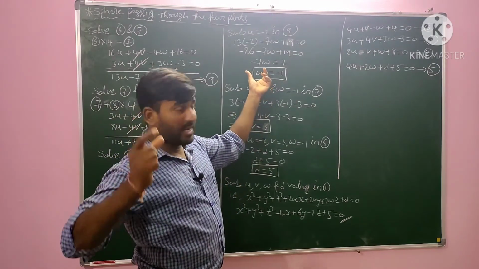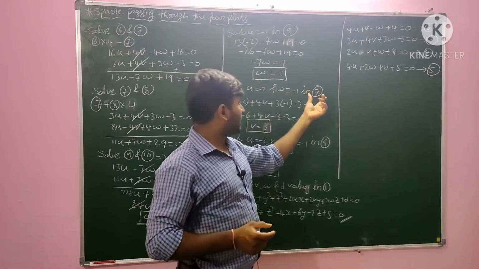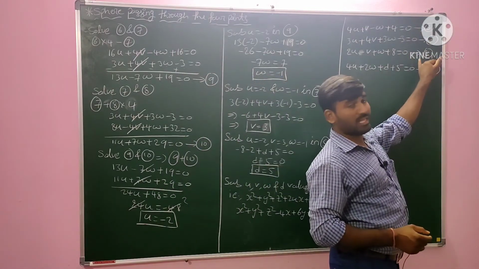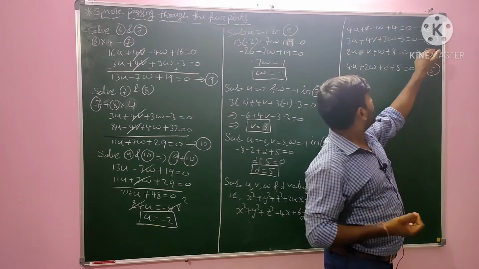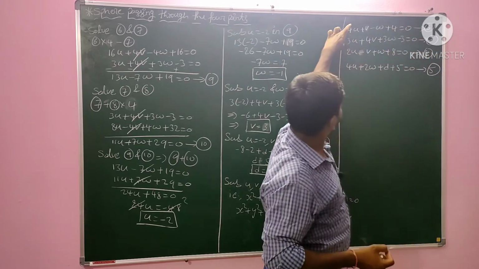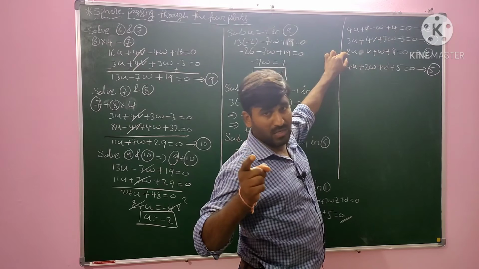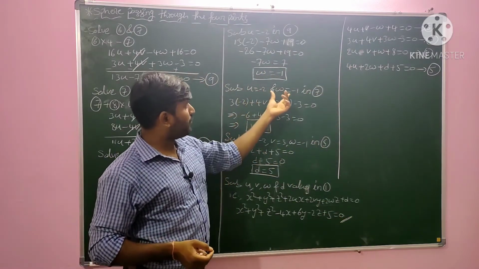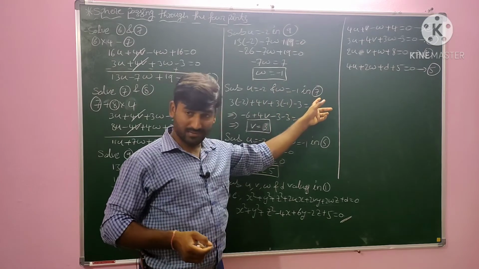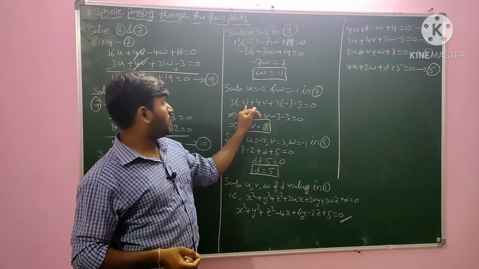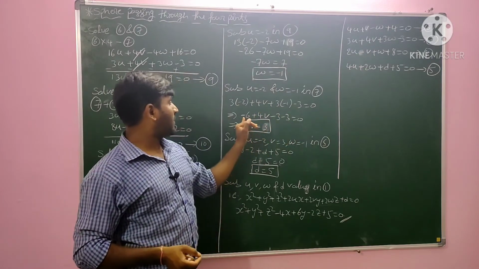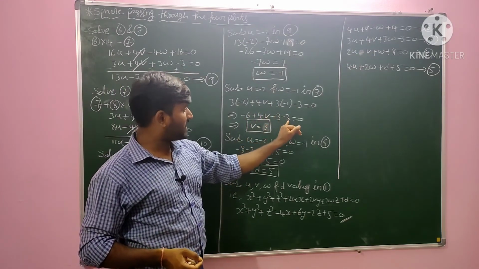Now substitute the u and w values in the 7th equation, or the 6th equation, or the 8th equation. If you substitute in these three equations, you will get the same v value, that is 3. I am substituting u and w in the 7th equation. Then 3 into minus 2 plus 4v plus 3 into minus 1 minus 3 equal to 0. Then you will get minus 6 plus 4v minus 3 minus 3 equal to 0.